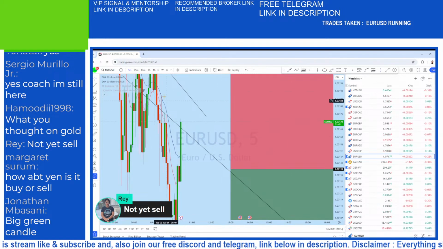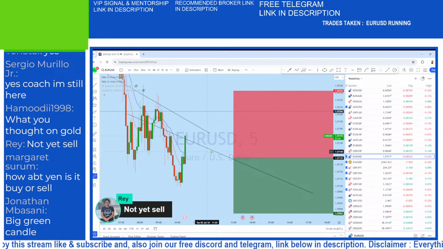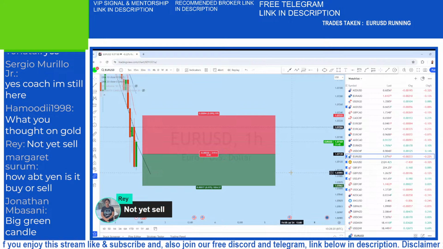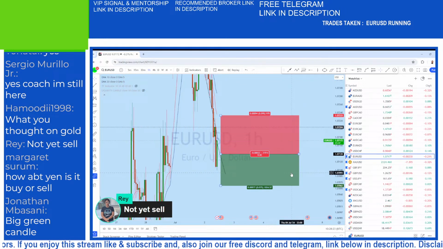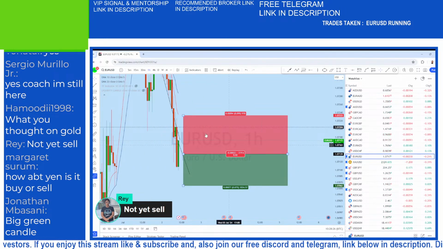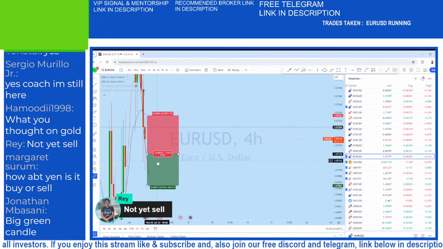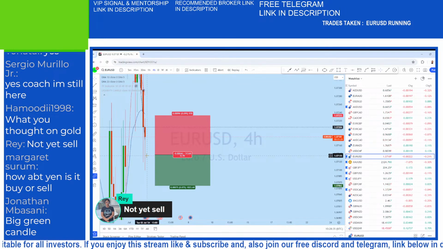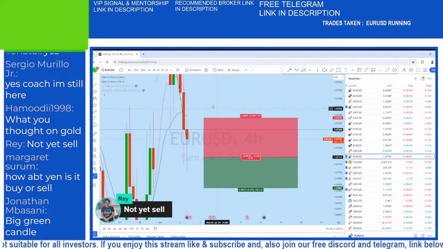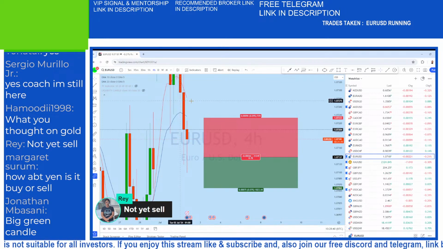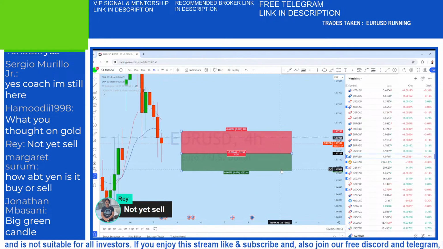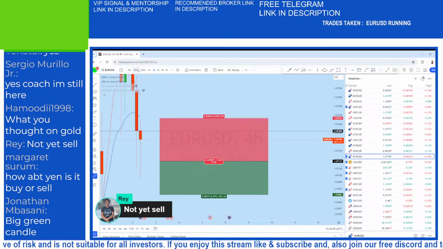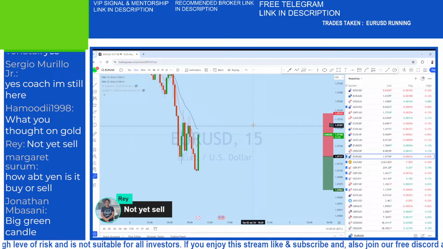Okay, euro dollar, and after this drop, it's now in a pullback. Looking at the 1 hour perspective, I still believe that we might see, from the 4 hour, it dropped a lot, and then we have seen that it started to trend in that direction. It's a bit of unusual move.